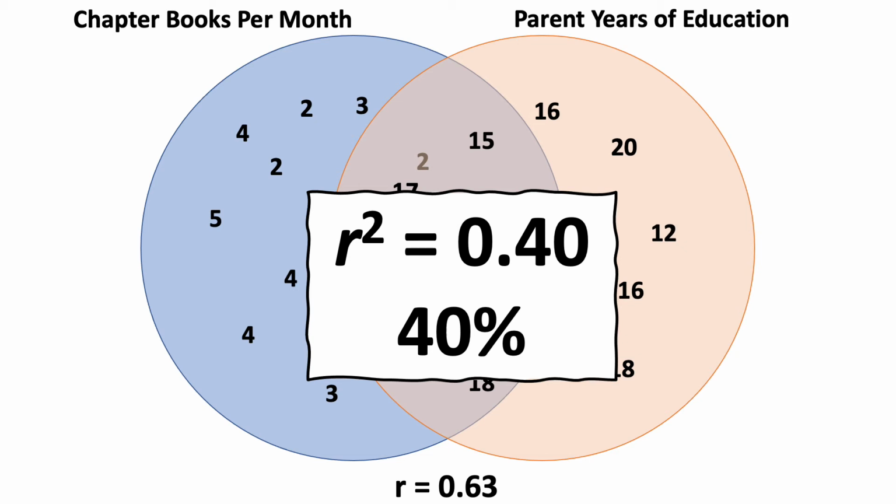That is interpreted as 40% of the variability in the number of books the kids read per month can be explained by their parents' years of education. So you can see how useful that is and how important it is.